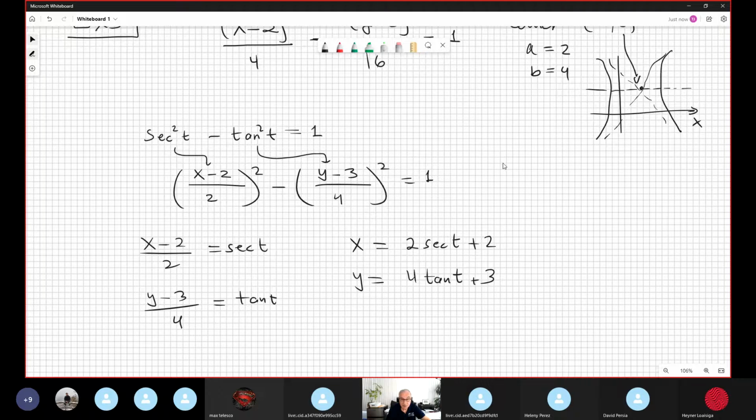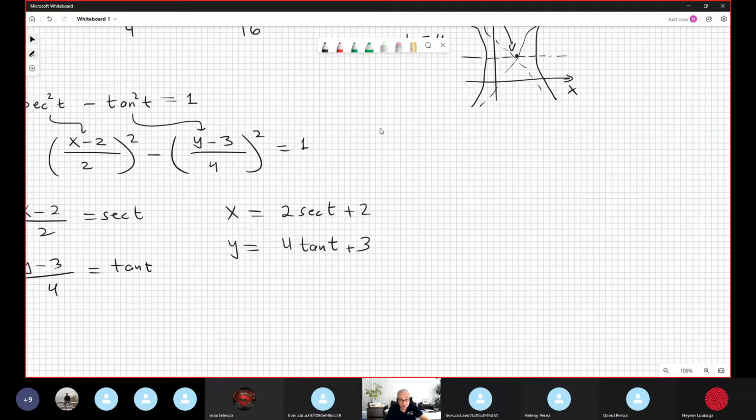And this is the set of the parametric equations. Okay, I need to specify the parameter. Don't forget, when you leave it like that, this is a totally incomplete idea. But the vector value function associated with that is 2 secant t plus 2, comma 4 tangent t plus 3.